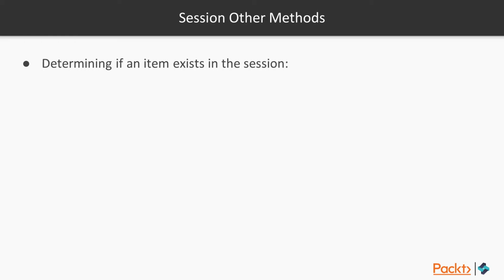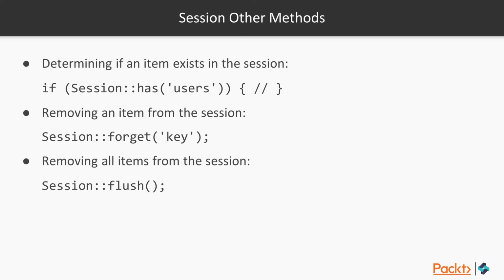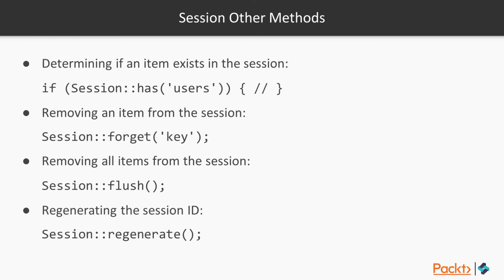If you want to determine if an item exists, session has. To remove, you can say forget for a particular key, or for removing all the items from the session, we can say session flush. If you want to regenerate the session ID, you can use the regenerate function of the session facade. Let's go ahead and see how we can use the session in our application.